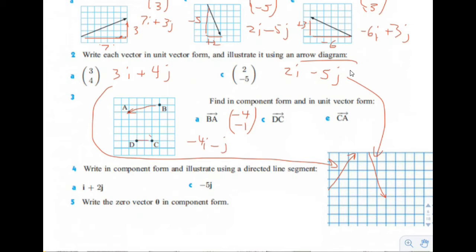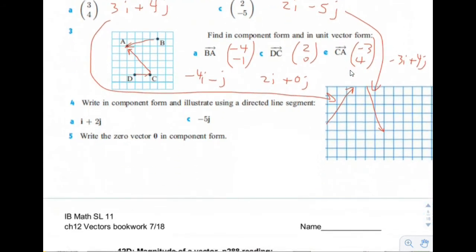DC, that's an easy one. It's plus 2 and 0, so it would be 2i plus 0j. What about CA? CA, so you're going back 3 in the x direction, and you're going up 4. That would be minus 3i plus 4j.